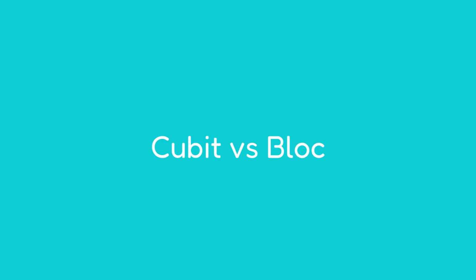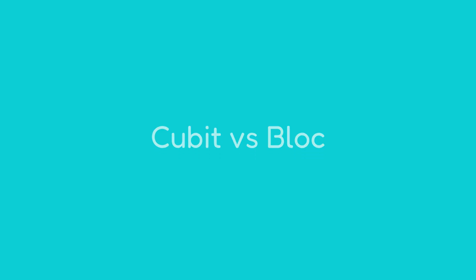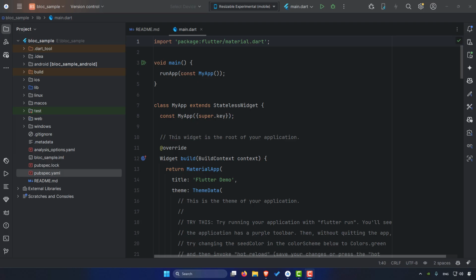Think of it like this. If you just did something simple, like incrementing a counter or toggling a theme, Cubit is perfect. If you need to handle more complex flows, like user authentication or paginated news fetching, BLoC with events and states is a better fit.